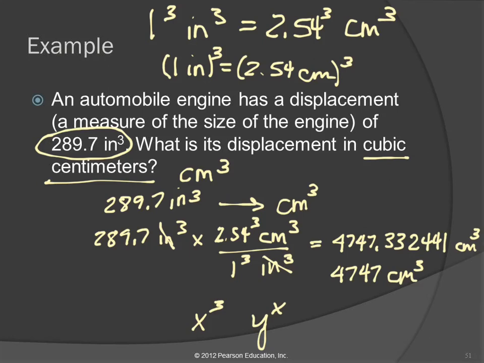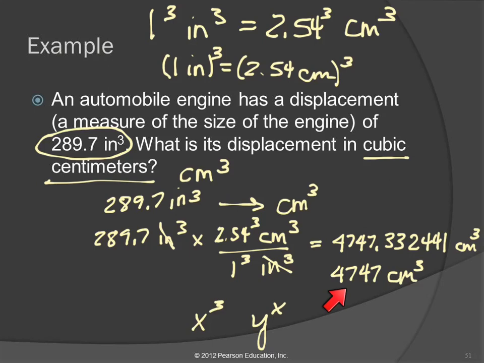So, it's important when we're using the conversion factor that you cube the number. But sometimes students get carried away and they see this number, 289.7 cubic inches, and they say, oh, well, I have to cube this number too. And then I come up with this answer, cubic centimeters, and I have to cube that number too.